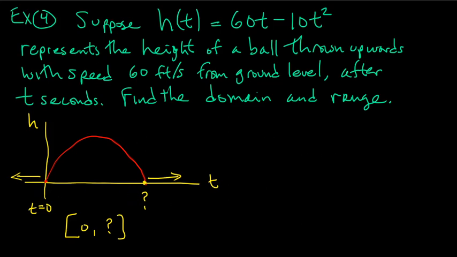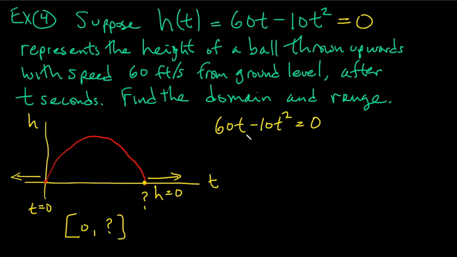So how do we figure that out? Well, what happens when the ball is on the ground? When it's on the ground, its height is 0. So for what t is the height equal to 0? So we essentially just have to solve this equation. And hopefully by now that should be pretty easy to solve.